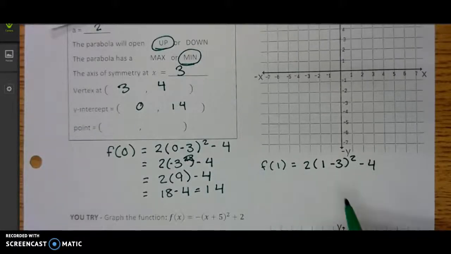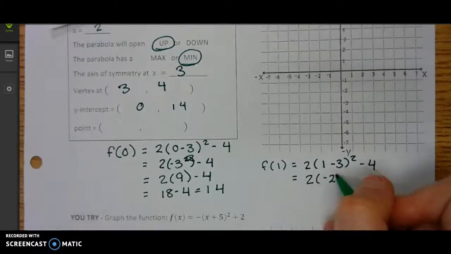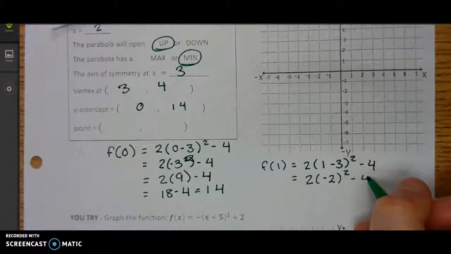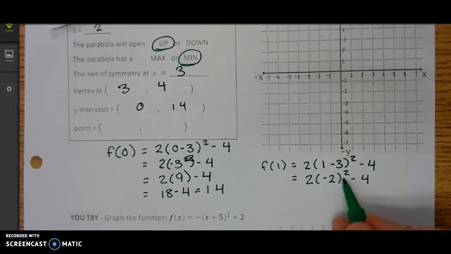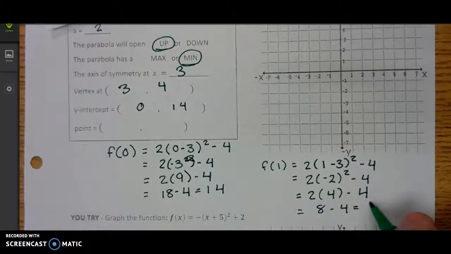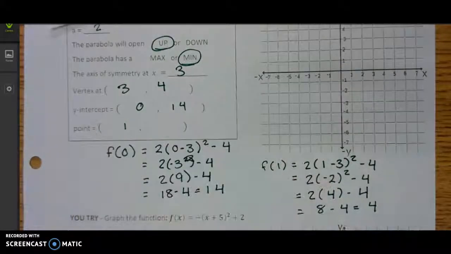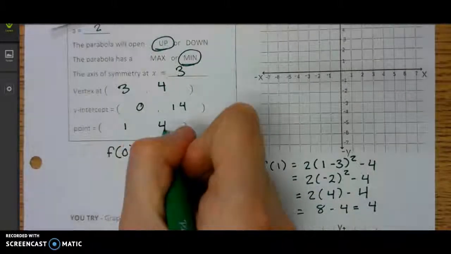That's how we use function notation. It's equal to 2 times -2 squared minus 4. -2 squared is 4. 8 minus 4 is equal to 4. So this random point, we picked 1, so it'd be 1, 4.